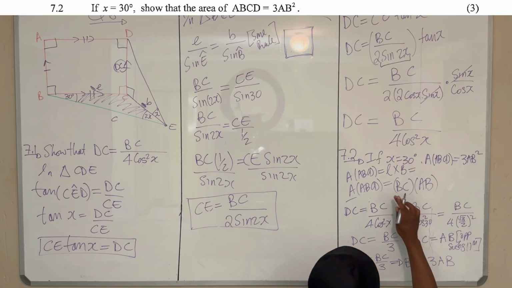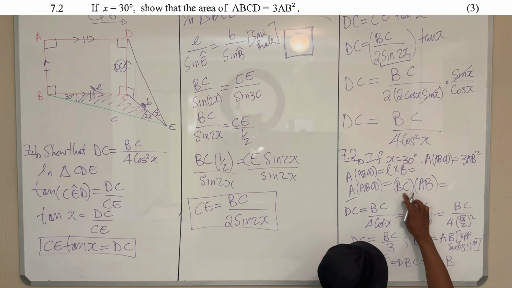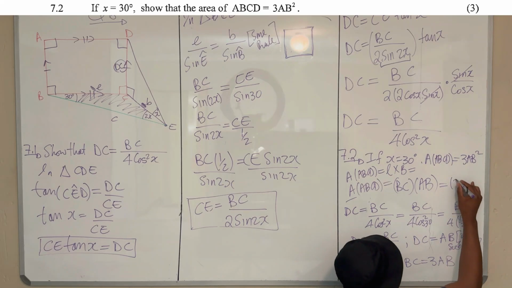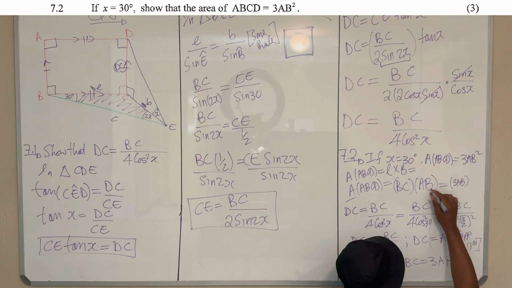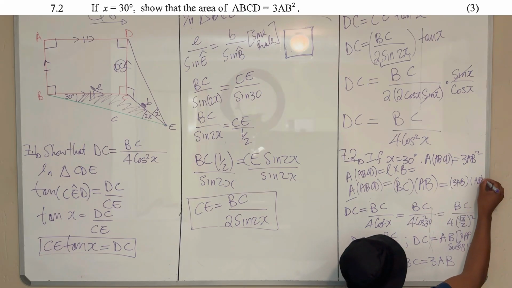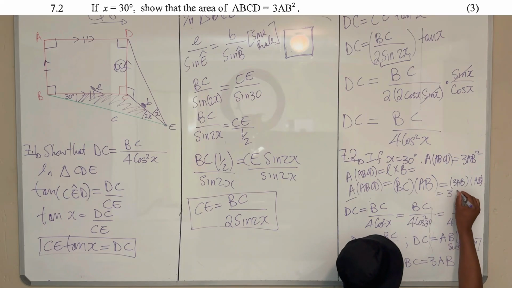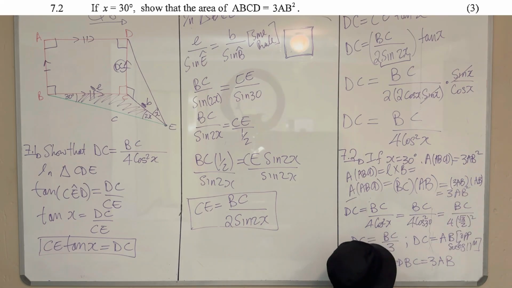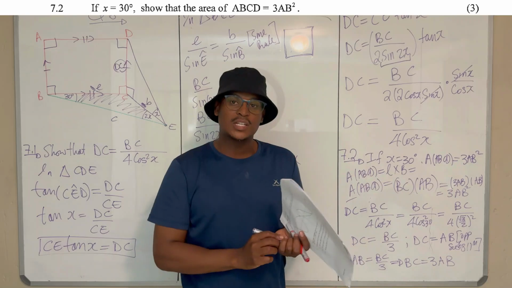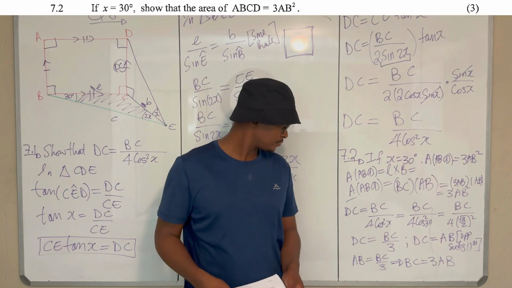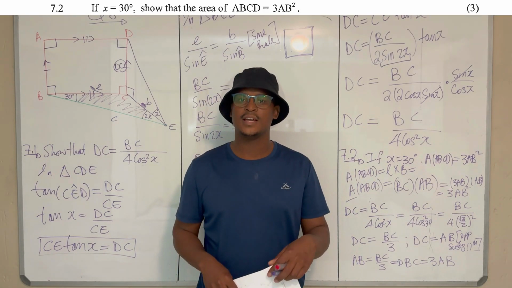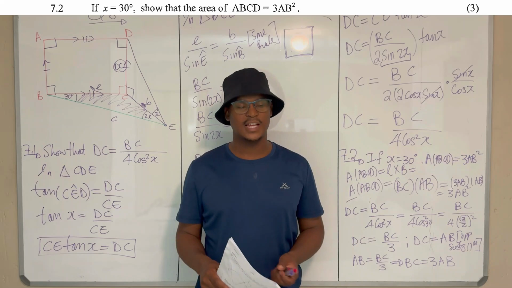So which means your area is equal to your BC, which is 3AB, times AB. So your area is 3AB squared. So that is what they wanted us to show. And I hope this does make sense to you, as it does to me.